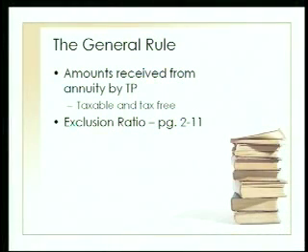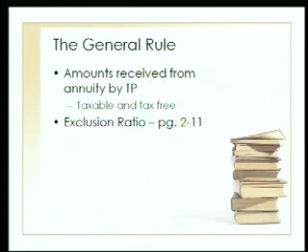Okay, so there's a general rule that we're going to look at first. As we put our portion into the annuity, over the years the annuity will grow and earn money, and that helps create what we call a taxable portion and a tax-free portion of the annuity.